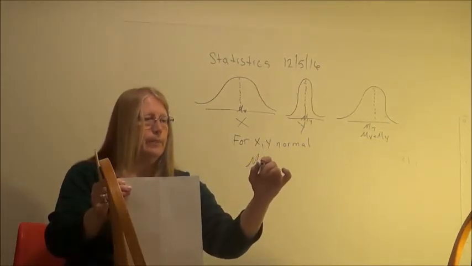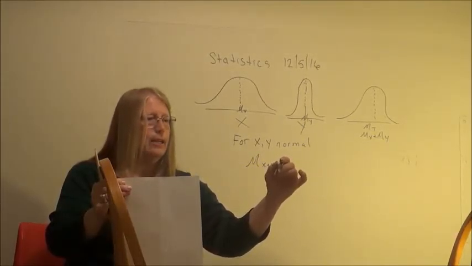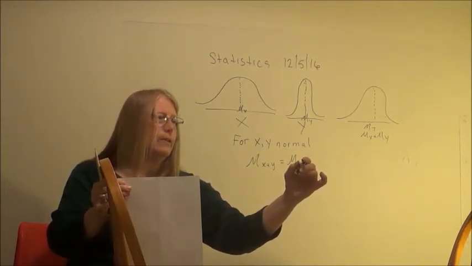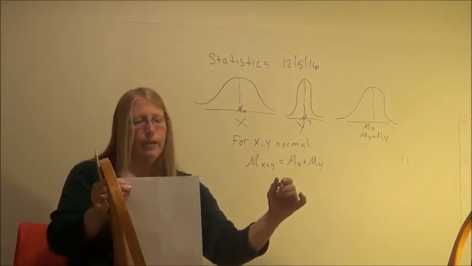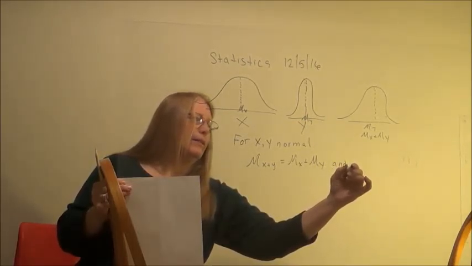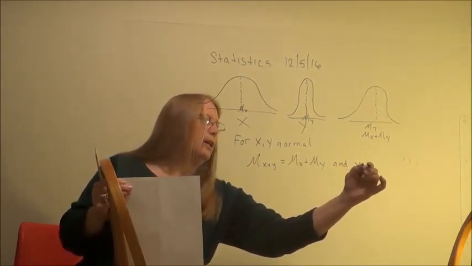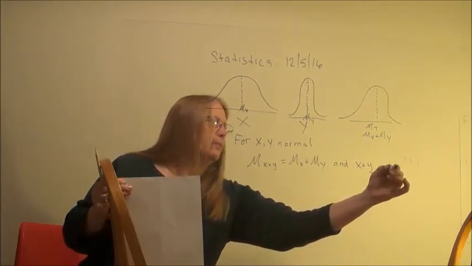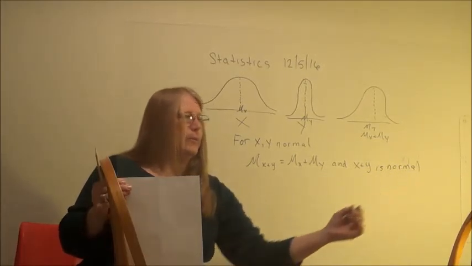The mean of x plus y is going to be the mean of x plus the mean of y, and also x plus y is normal. So we have a normal curve.